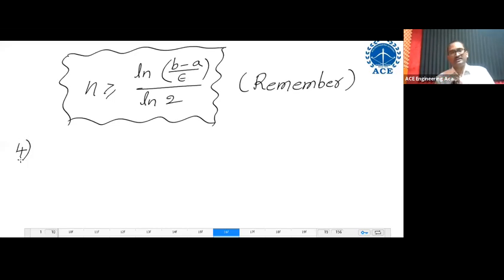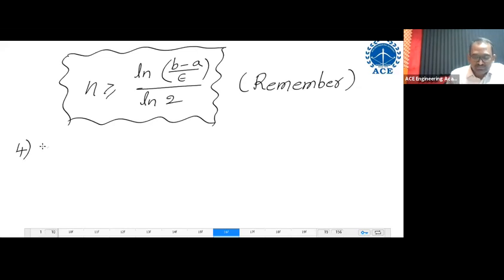Moreover, remember that the bisection method guarantees convergence. Guarantee for convergence means guarantee for the right answer. Using this method we definitely get the correct answer, because as you have already seen, every time the interval length is exactly halved. Finally it reaches one point, and that point is the required root.